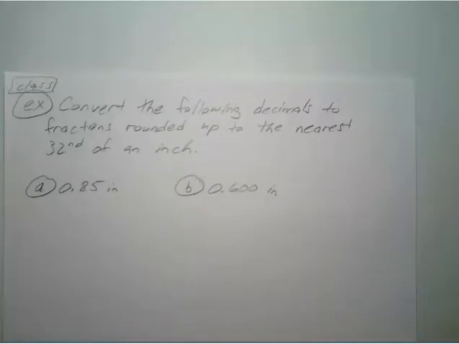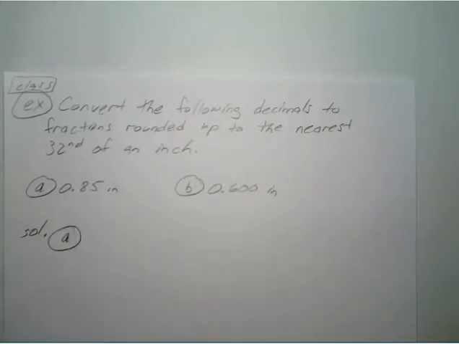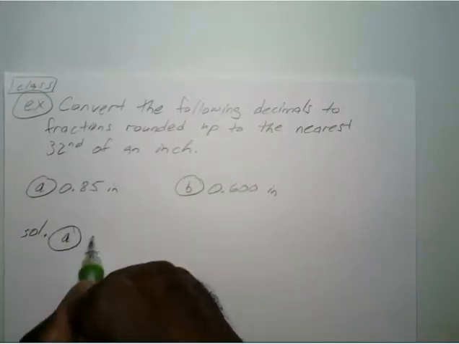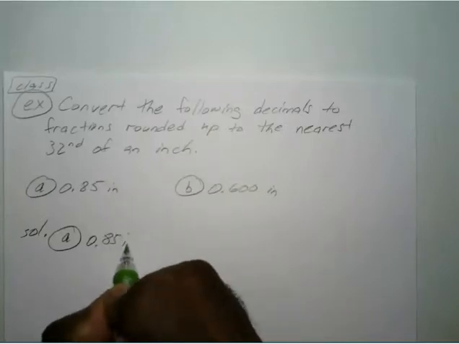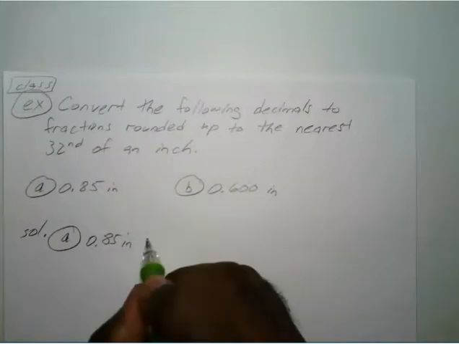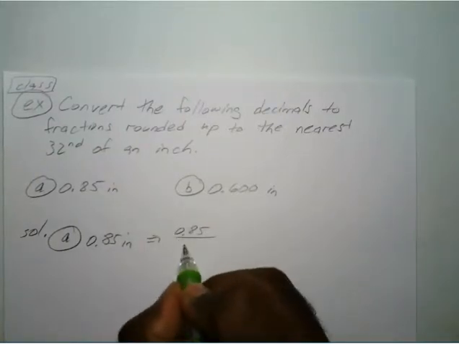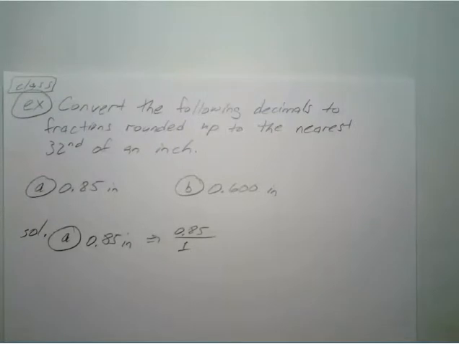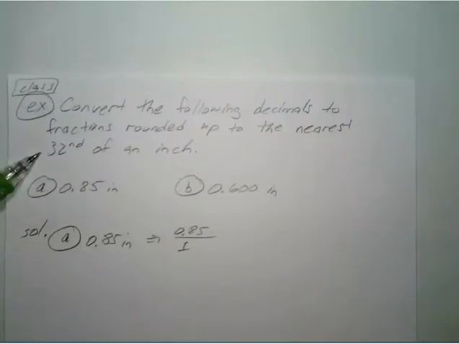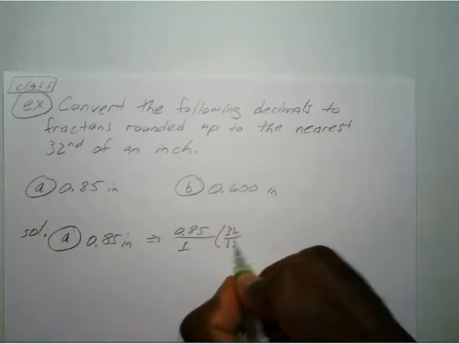All right, so I'm assuming you've already pressed pause and tried these. Let's go ahead and verify. So you have 0.85. We put that as 0.85 over 1. And because we want it to the nearest 32nd of an inch, we multiply by 32 over 32.